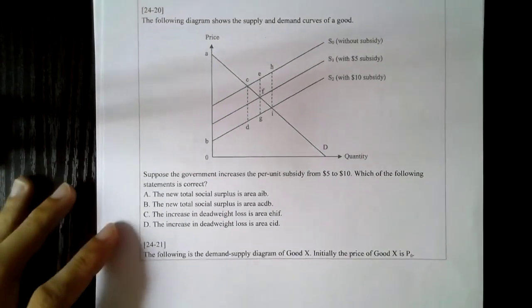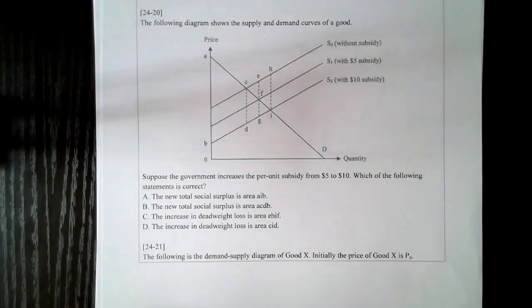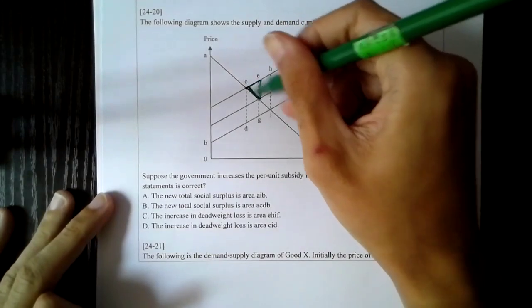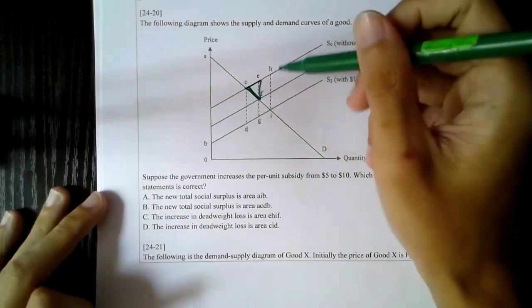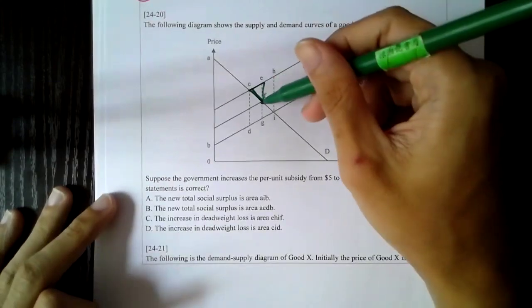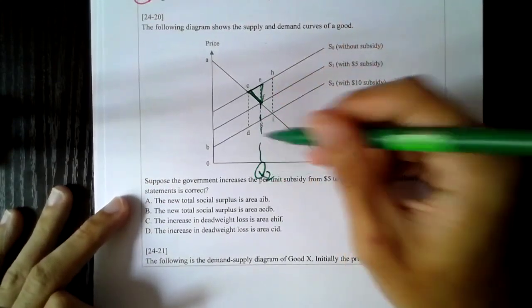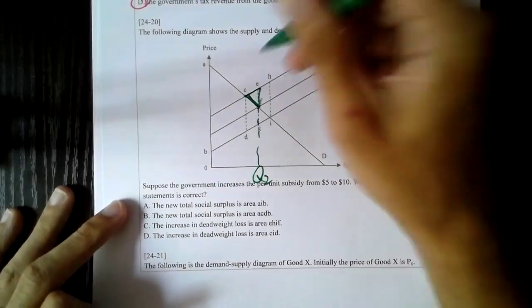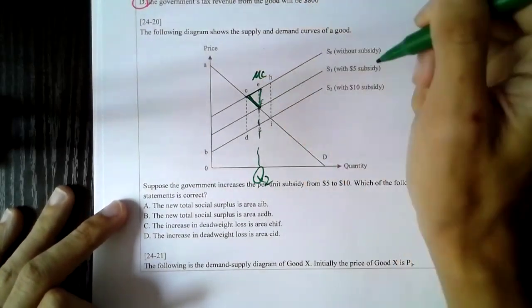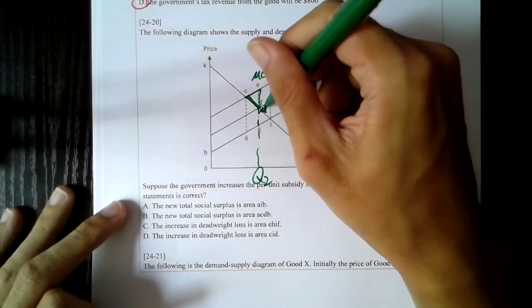Let's look at it backwards. I think deadweight loss you will know, right? That used to be the deadweight loss with the $5 subsidy. Deadweight loss was here. How do I know? Remember, we look at Q2, then we go up. We see MC here, MB here.